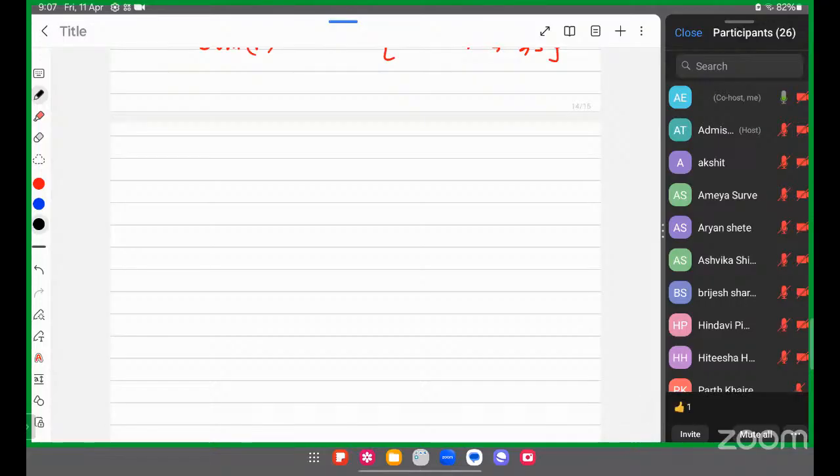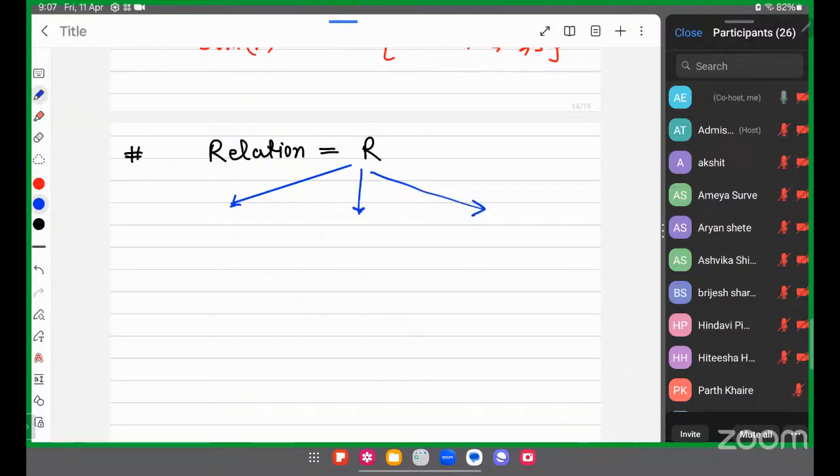Okay. Next point about relation is that since relation R is a type of set, there are different ways to represent a relation. First point is, because relation is a set, it can be represented in the form in which we represented sets. A set can be represented in two forms, roster form or set builder form.